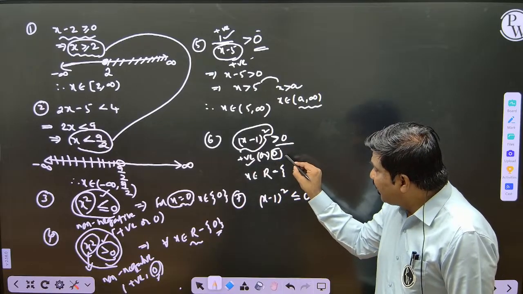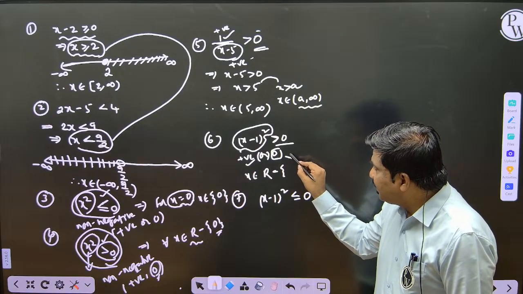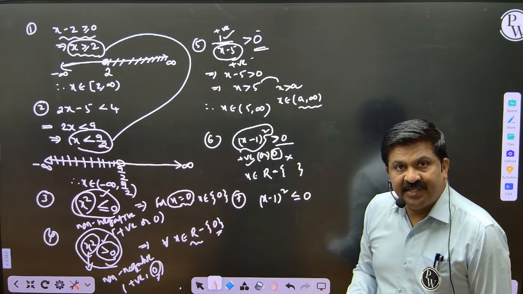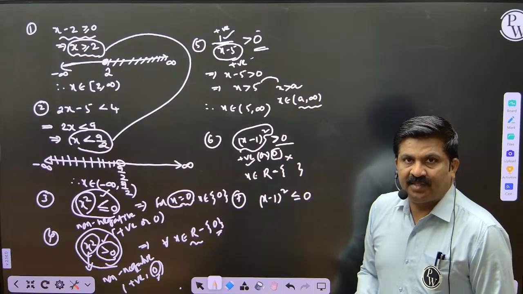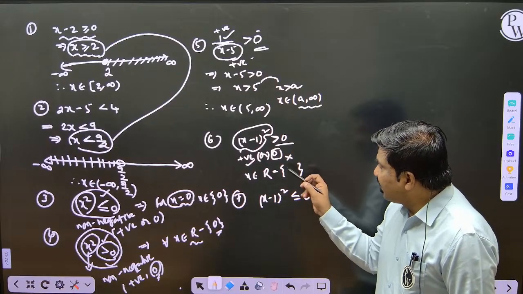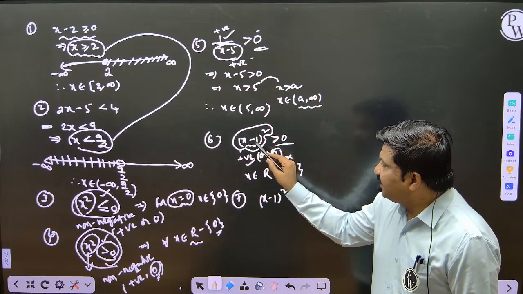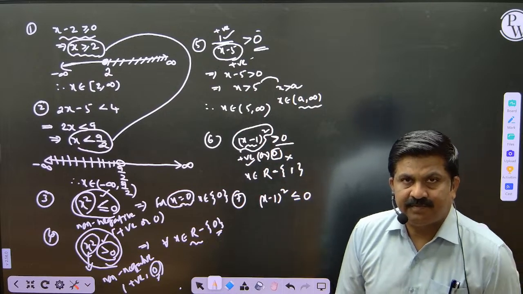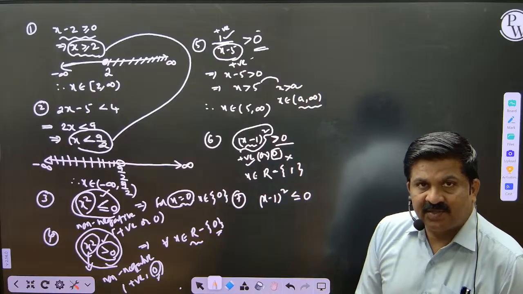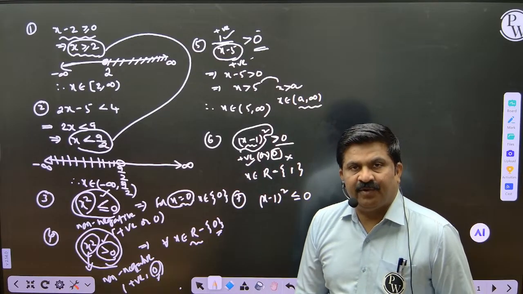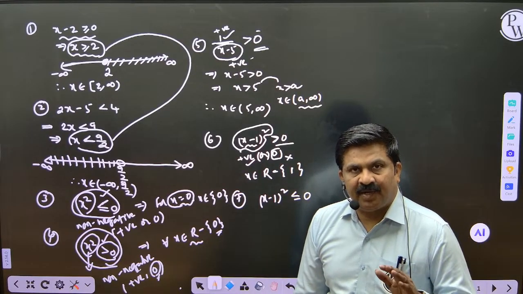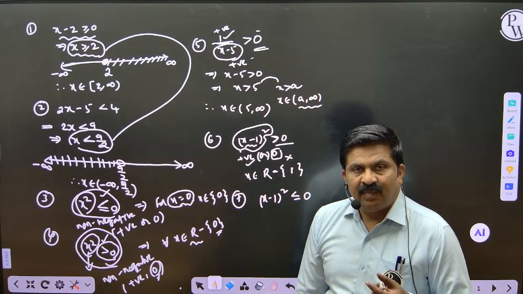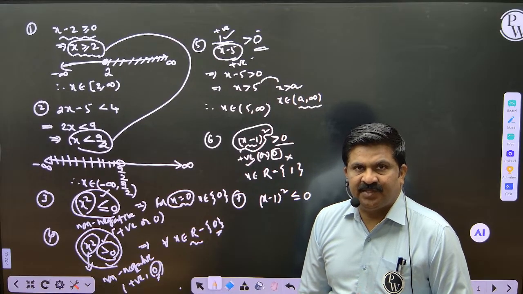That's why, for the 0 related part, what do we have to do? We want to eliminate the 0 related value. What is the 0 related value? When it is 0, whenever x is equal to what? 1. Actually, a square is non-negative, not negative. It means it is positive or 0. But the inequality is given as positive.